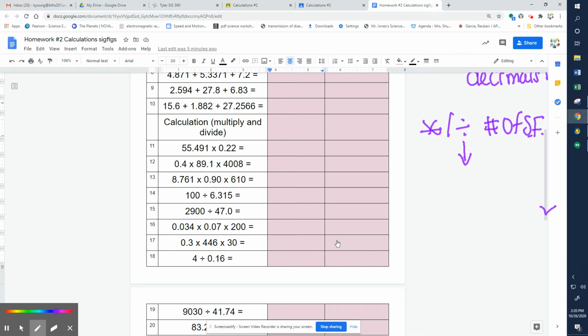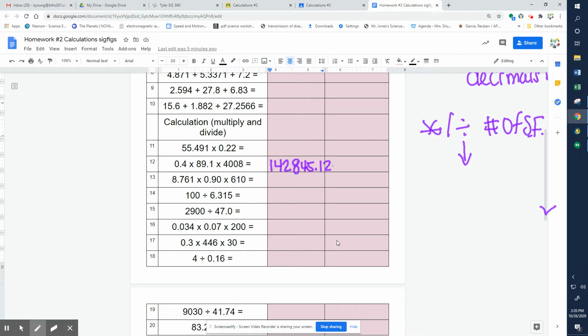So when I put that in my calculator, 0.4 times 89.1 times 4008, I'm going to get 142,845.12. How do I know where to round that?